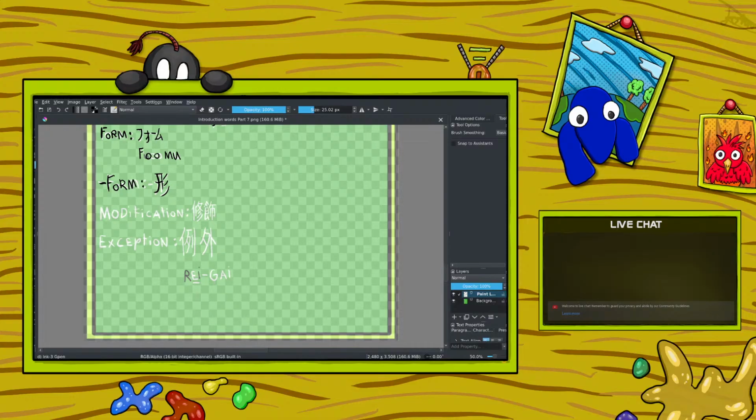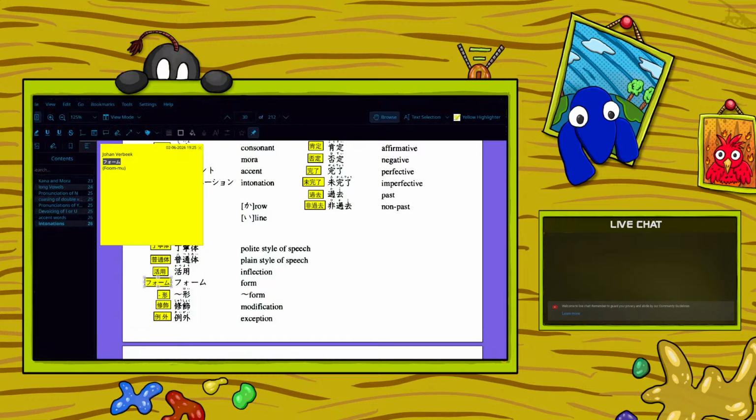Then we have modifications, and I see I made some issues with this. I went a little bit lazy on these things. Alright, well, luckily I have them here. A form, katashi. So, katashi.